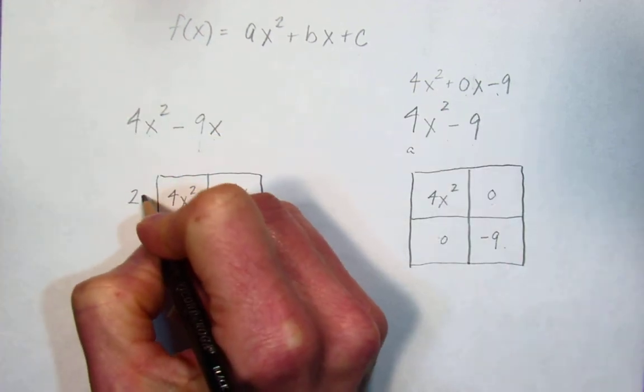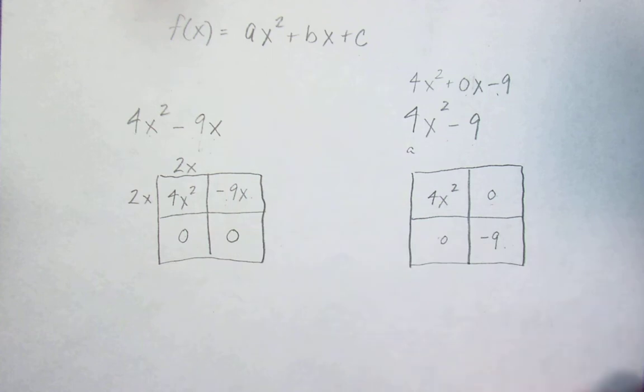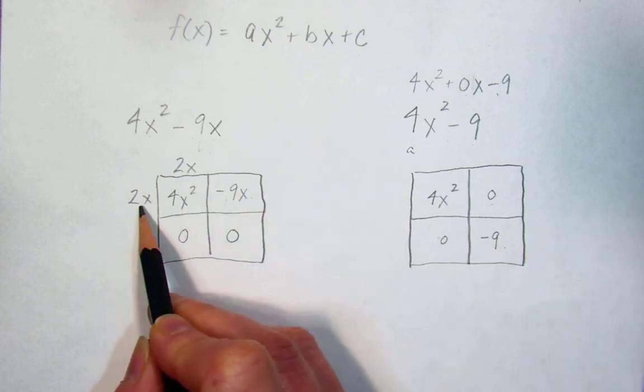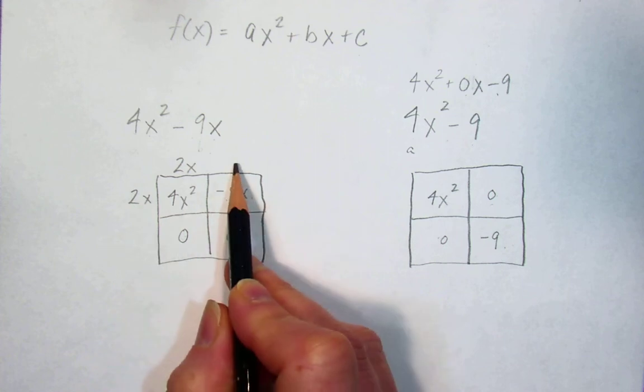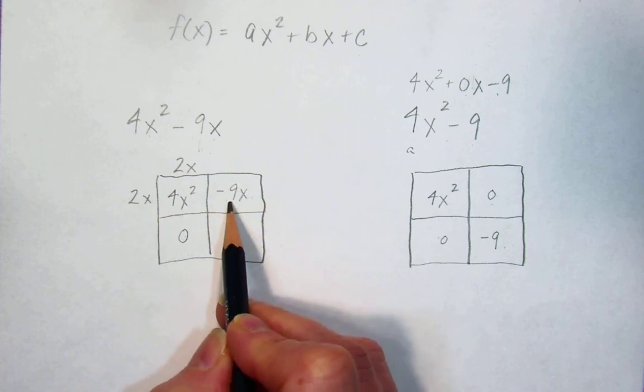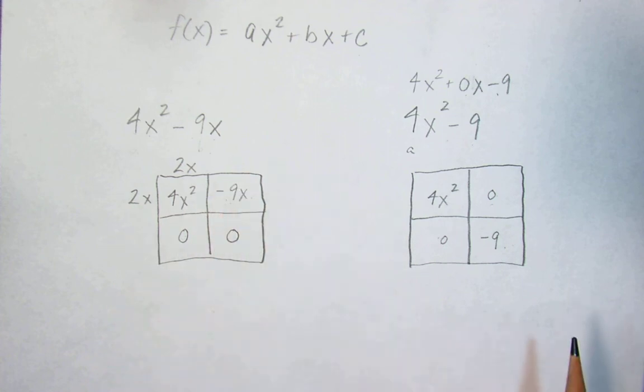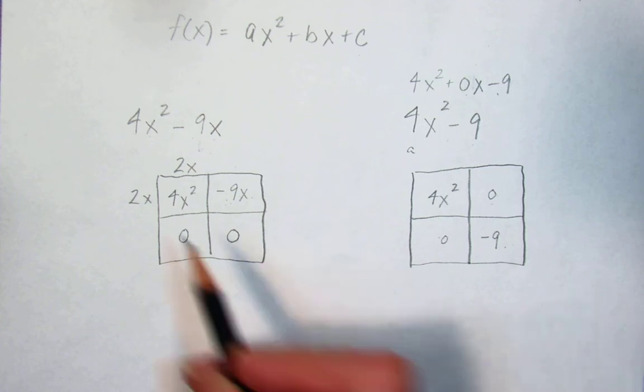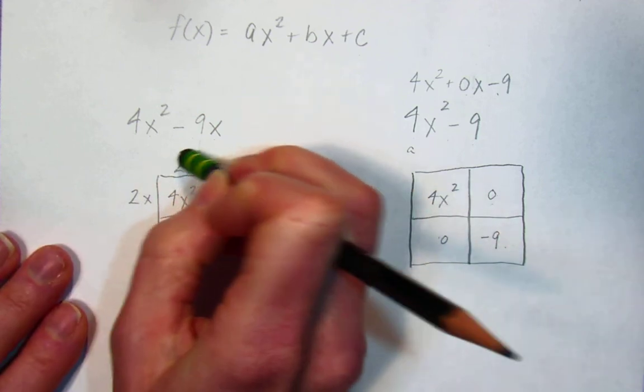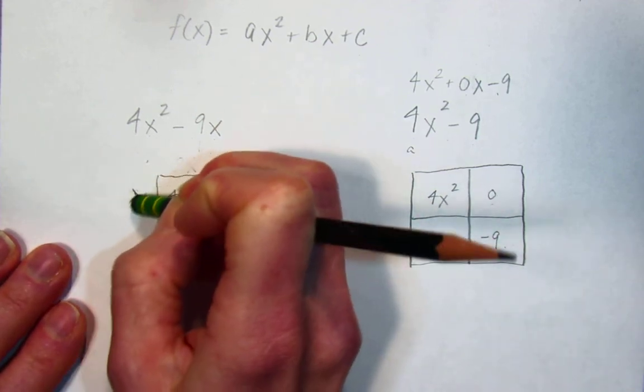Okay, 2x times 2x is indeed 4x squared. And then I might say, well, what multiplies by 2x to go here to make negative 9x? And 2 doesn't evenly divide into 9, so that's not what I want to choose.